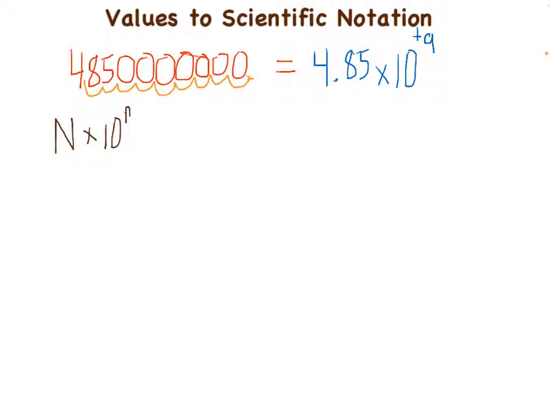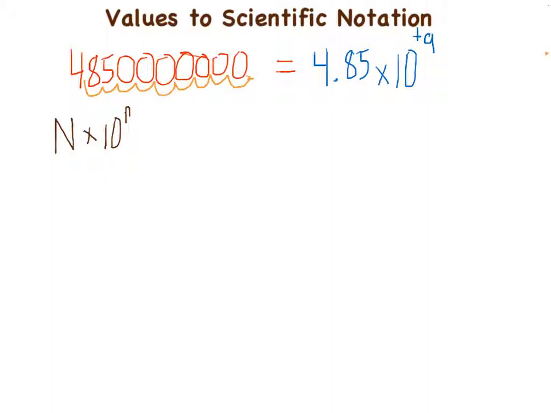So therefore, it's going to have to be multiplied times 10 to the positive number. Because if we did 4.85 times 10 to the negative 9, then this would equal 0.0000000, so many zeros, 485. So remember that a negative exponent will make this value smaller. But this number is way bigger, so we know this is going to be positive. Okay? So we'll do another quick example.